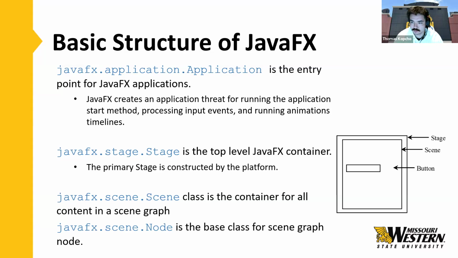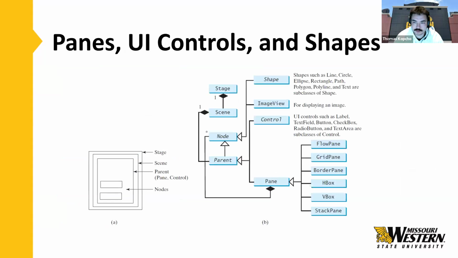And the nodes are the individual objects like buttons or any other controls, layouts, graphics, whatever you want inside the scene. Okay. So here's kind of a diagram of it. So yeah, a stage has a scene, and a scene contains a hierarchy tree of nodes.